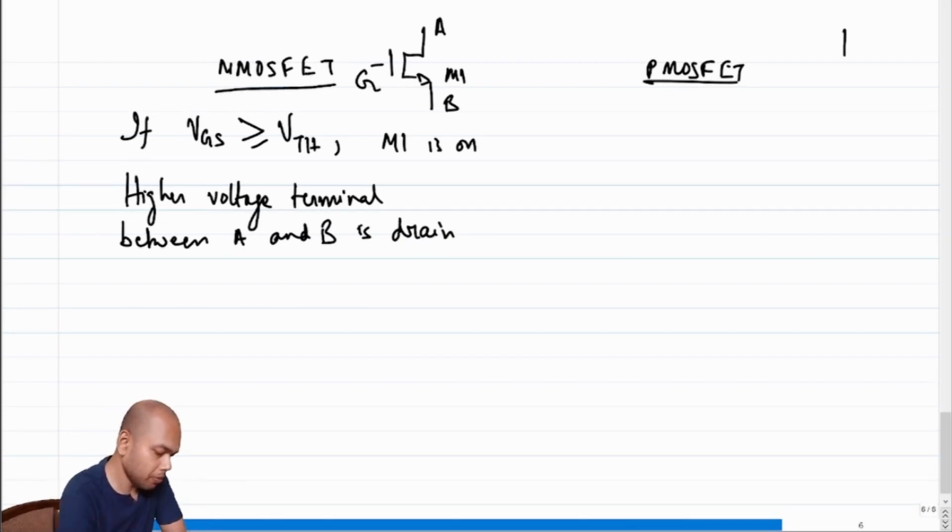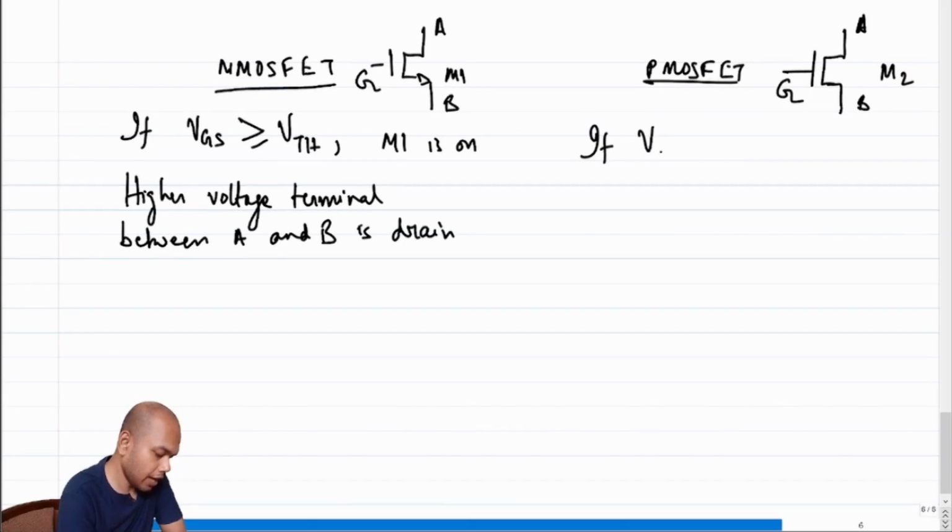In case of a p MOSFET, I will not put the arrow as of now, but the gate remains the gate, and let's call this M2.